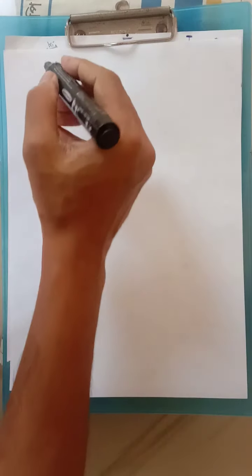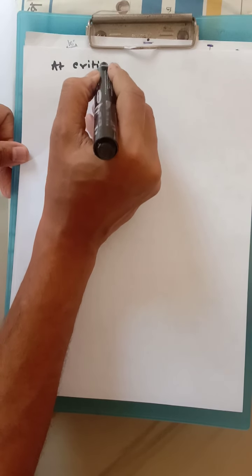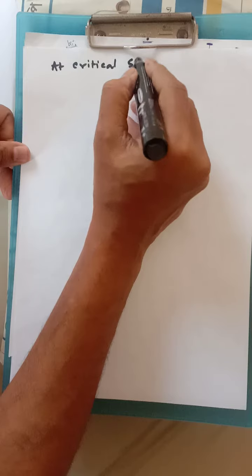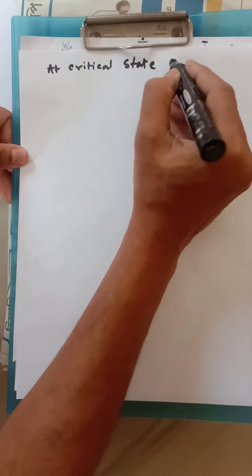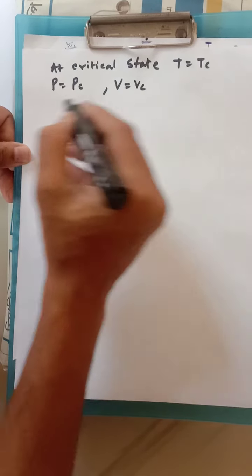At the critical state, T becomes Tc, P becomes Pc, and V becomes Vc.